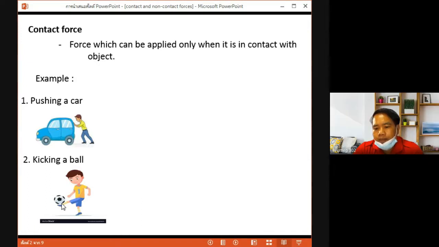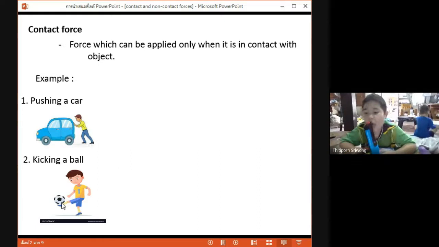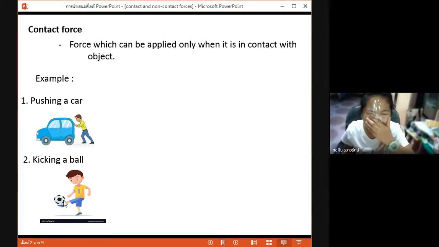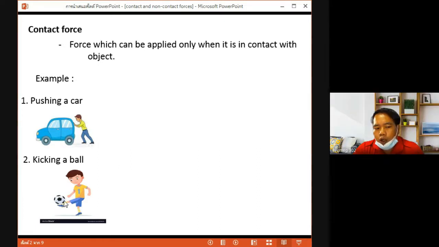Understand? So you can see the ball connects with your foot. If you kick the ball, it will move immediately. So that is an example of contact force.